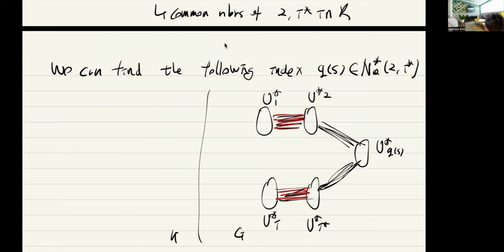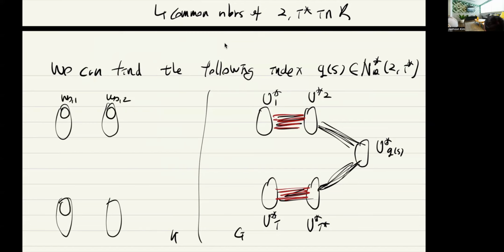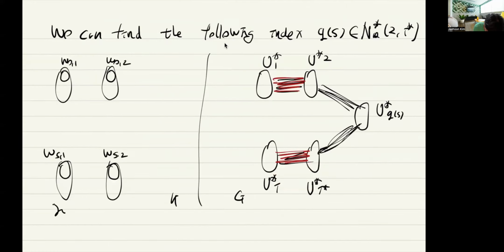In H, what we have is you have assigned W01, W02, and WS1, WS2. So here is the collection of the vertices in curly WI, curly WI star, curly W1, curly W2.